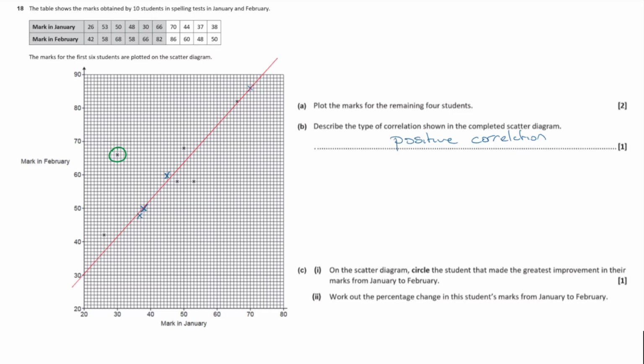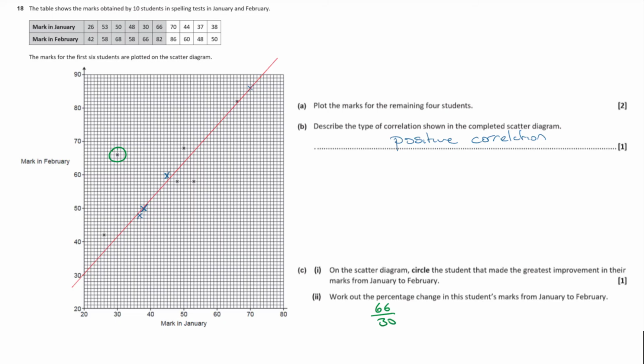And then finally it says work out the percentage change in this student's mark from January to February. Okay, so what is his January score? His January score is 30, and his February score, what's that? 66. So work out the percentage change from January to February. So then that's 66 over 30. What's 66 over 30 then?